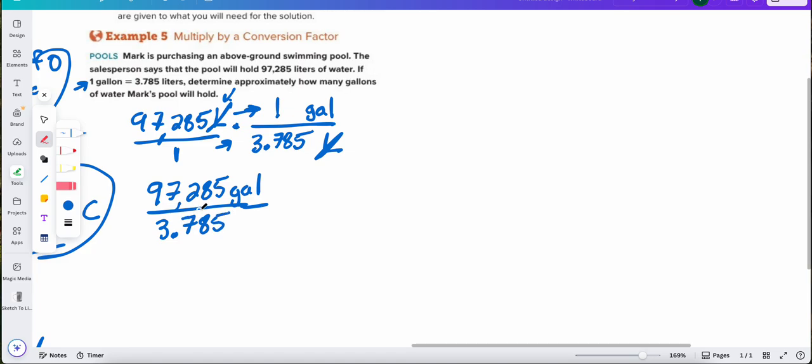So now this turns into just a regular division problem. When you divide these, you get about 25,703. So how many gallons of water will it hold? It's going to hold about 25,703 gallons.